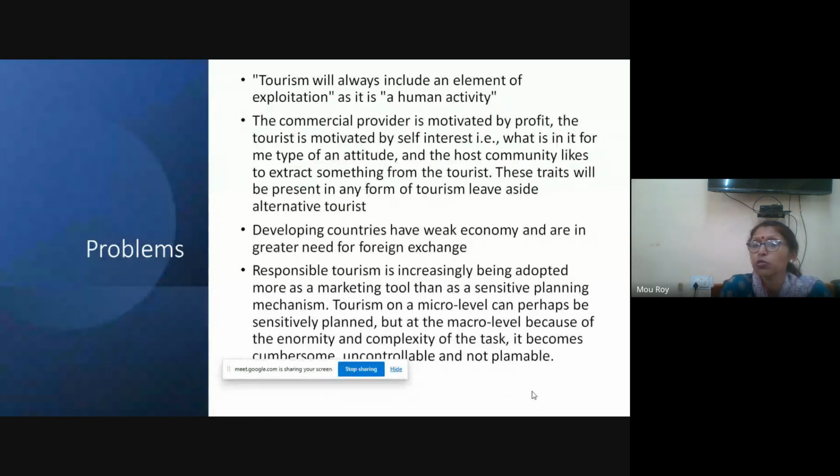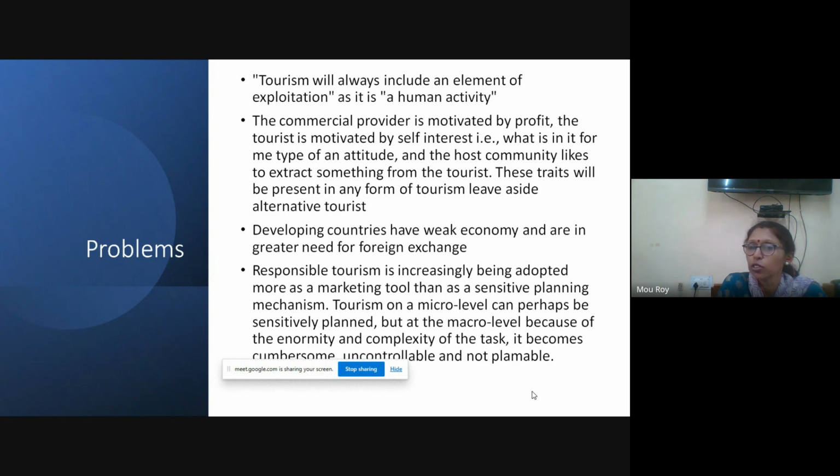Responsible tourism is slowly and steadily being adopted more as a marketing tool than as a sensitive planning mechanism. Why? We offer responsible tourism, but it should act more as a sensitive planning mechanism. Instead, all these travel agents are using responsible tourism as a marketing tool.